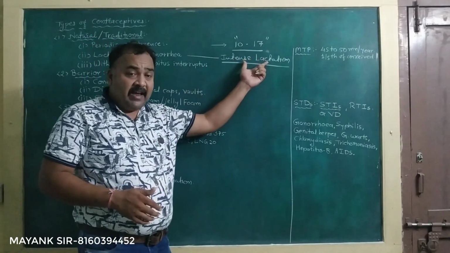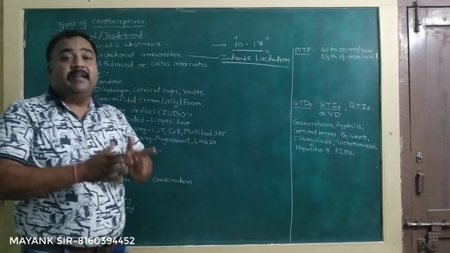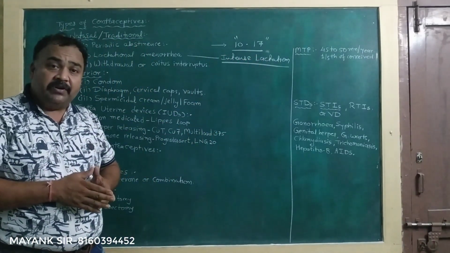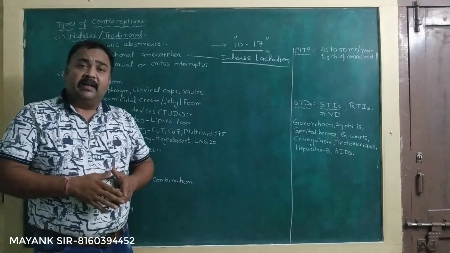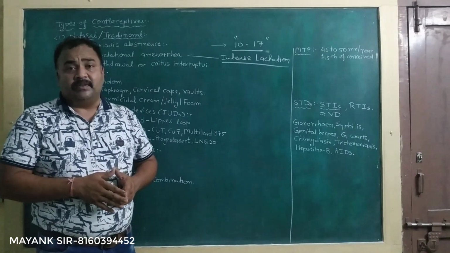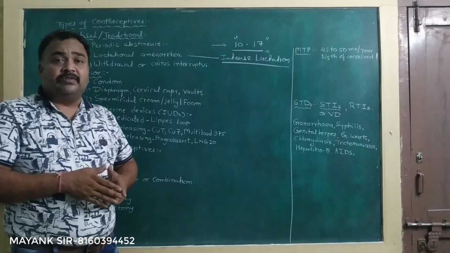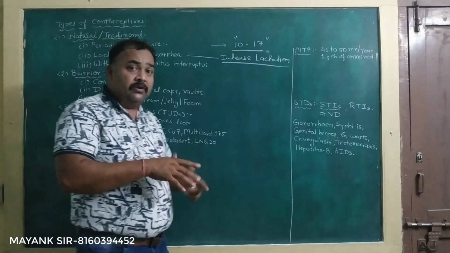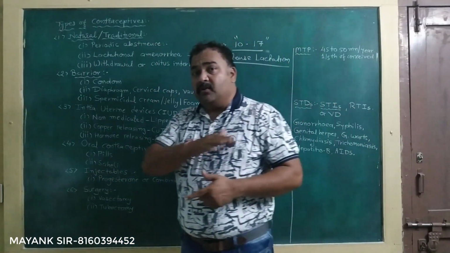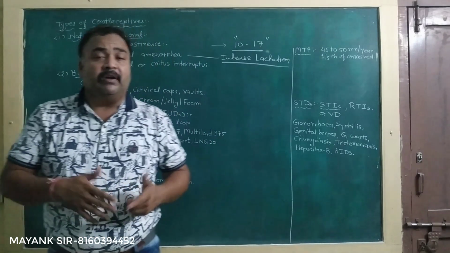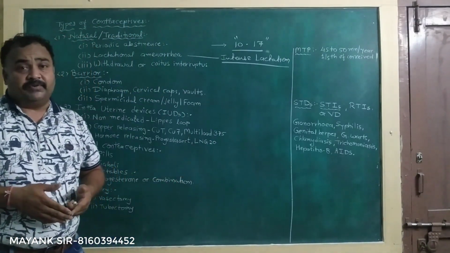Only in that period there will be absence of ovulation, that means ova will not be released, and so there will be absence of the menstrual cycle. In the absence of the menstrual cycle, if coitus or intercourse takes place, there will be no possibility of fertilization because the ovule will be absent.